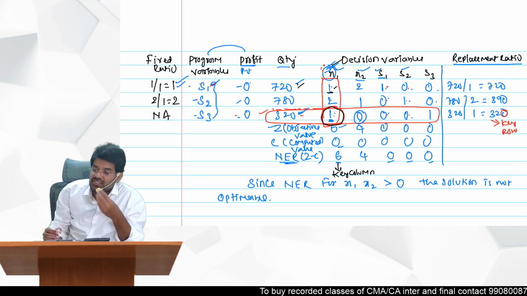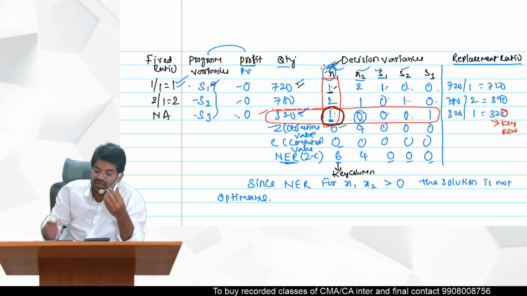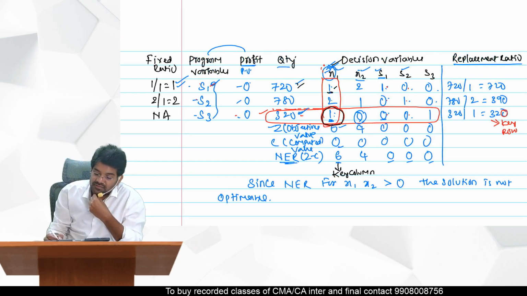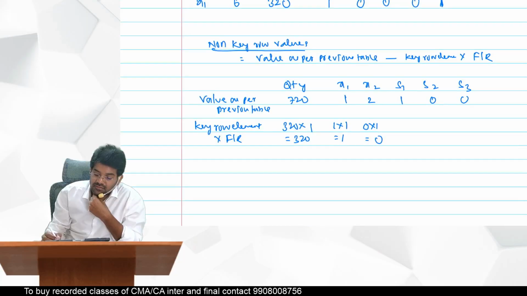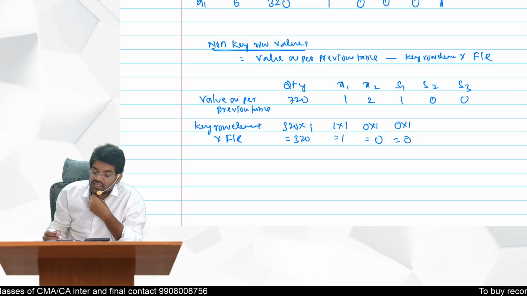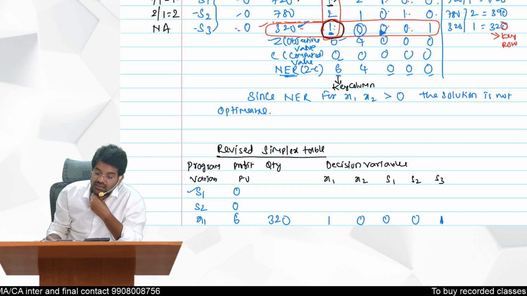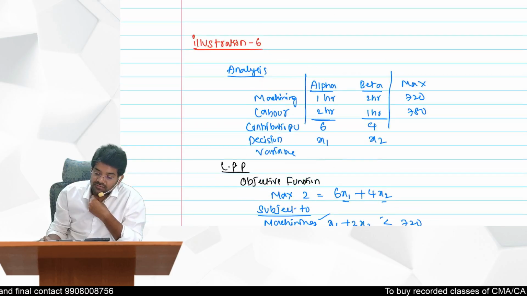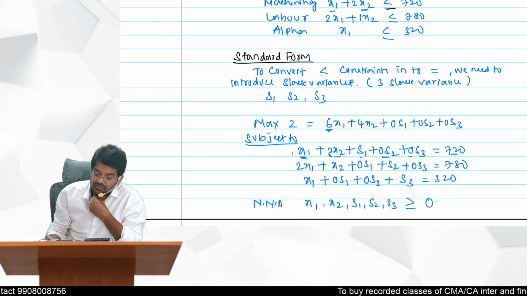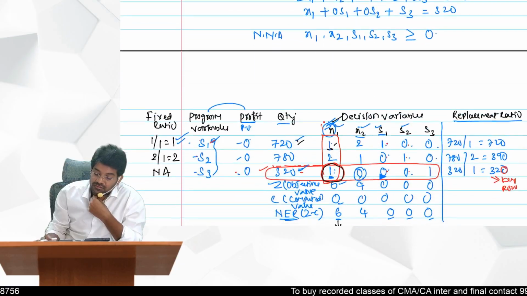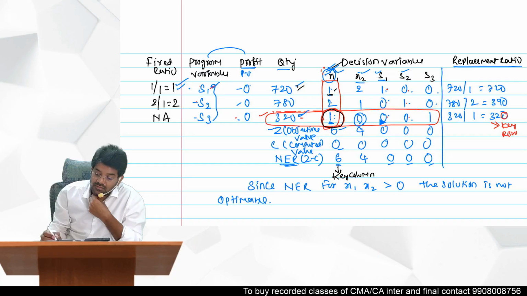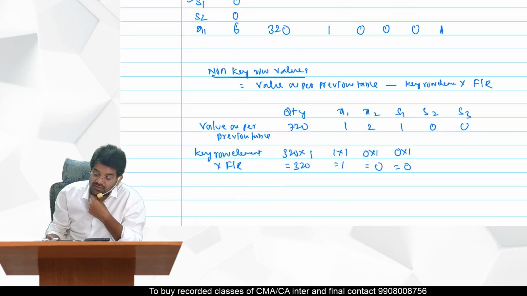S1, first what is the corresponding key row element? 0 into what is the fixed ratio of S1? 1. So 0 into 1 again, 0. Now next S2, S2 is 0 into 1 again.